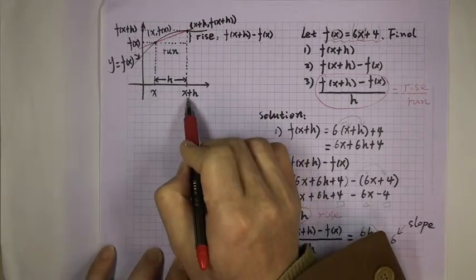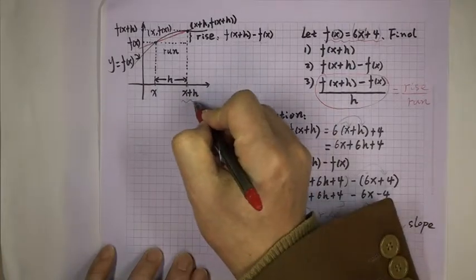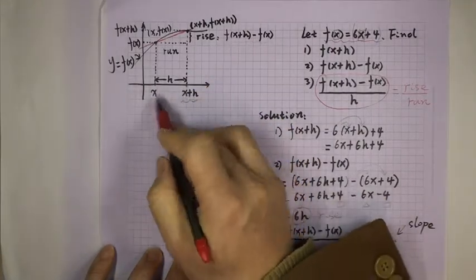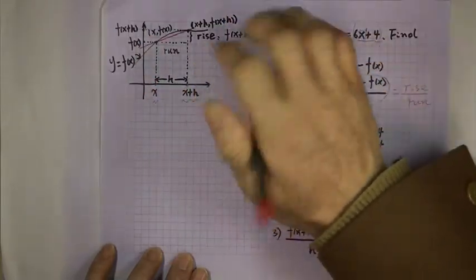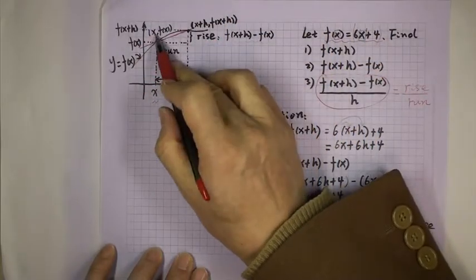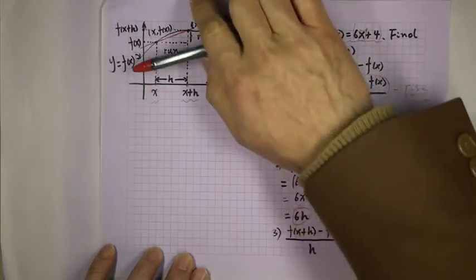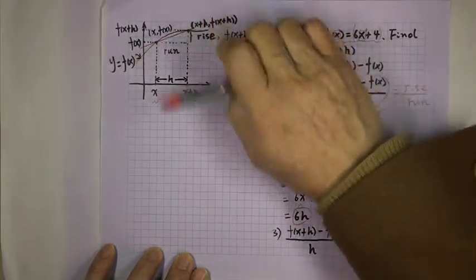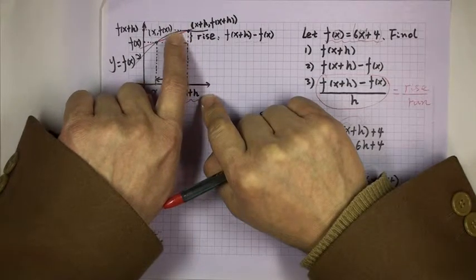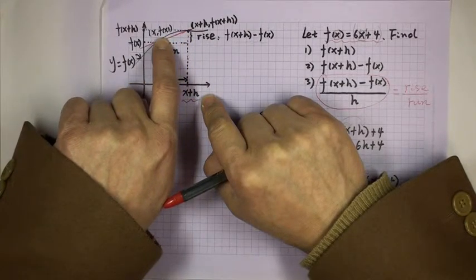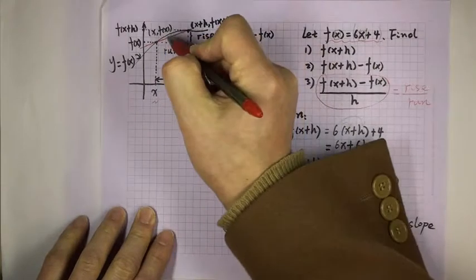So this point is very close to x. When x plus h is very close to x, this point will move from here to somewhere very close, maybe here.